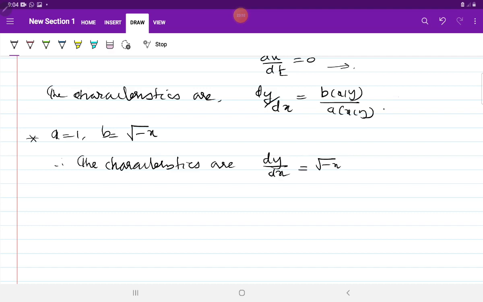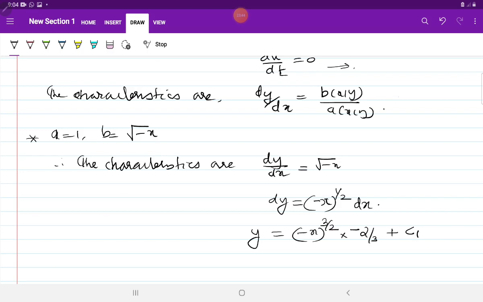Now we need to solve this equation, which gives the characteristics. By variable separable we have dy equal to minus x raised to 1 by 2 dx. Integrating on both sides we have y equal to minus x raised to 1 by 2 plus 1, that is 3 by 2, into 2 by 3 into minus 1 into minus 2 by 3, plus some constant.